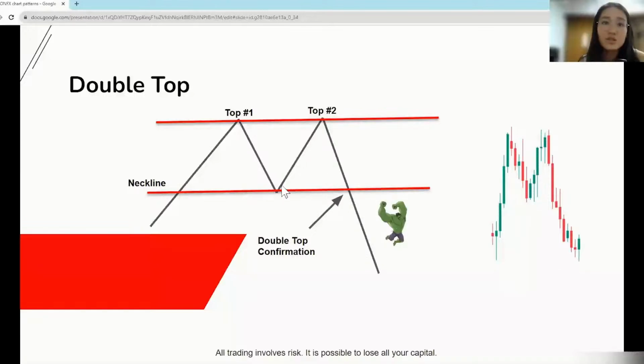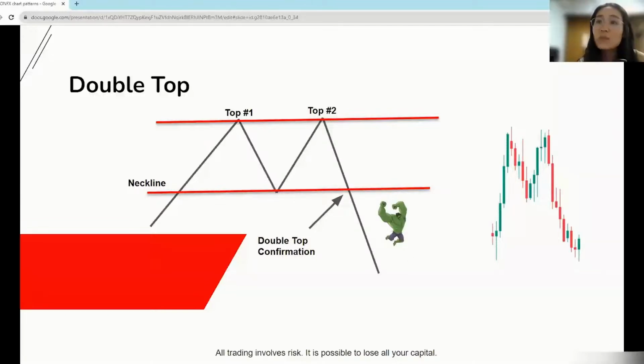The pullback is just over here, and the new minor support level is then called the neckline or the support level. The pattern is confirmed once the price breaches the low of the pullback between the two highs. So basically, once it breaks out of this neckline area or the swing low support over here.